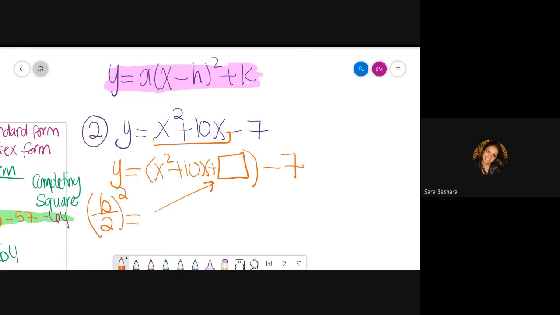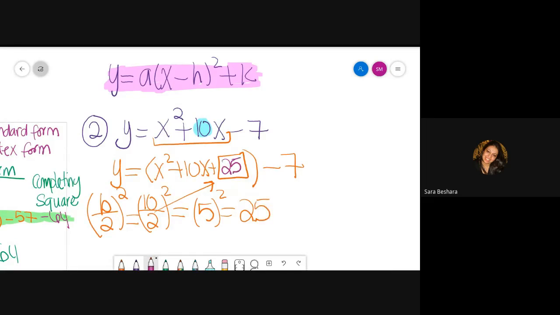Now what's b? Remember, b is the coefficient of x from the standard form. So it's 10 in this problem. So it's 10 over 2 squared. 10 over 2 is 5. Squared is 25. So here is 25.